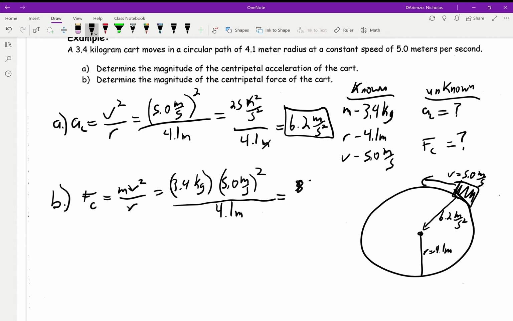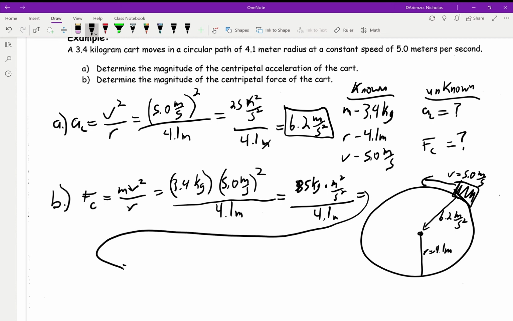This will give us 85 kilograms times meter squared per second squared over 4.1 meters. I'm going to bring this down here. This gives us 21 kilograms times meter per second squared, as our 1 meter canceled there. And because we have our unit here for force, we'd also call this 21 newtons.